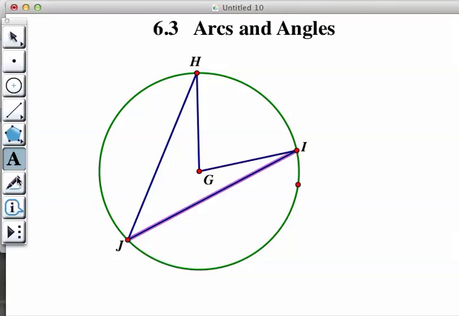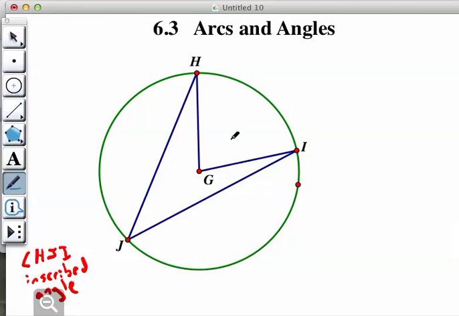So I've got angle HJI here, and angle HJI is an inscribed angle.